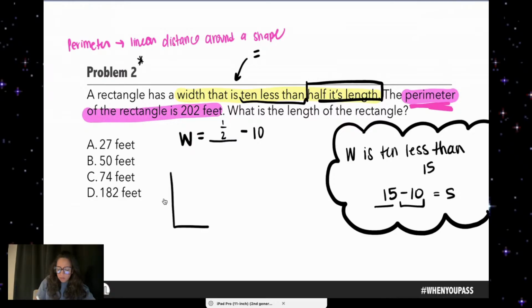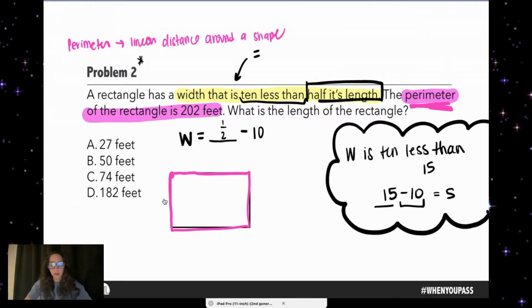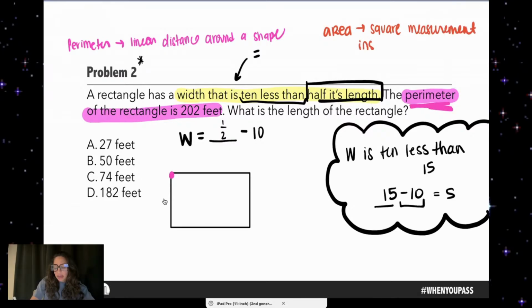So if I draw my rectangle here, the perimeter is going to be, I'm going to start here and I'm going to walk around the shape, and that is the perimeter. Area, which they didn't ask us for, but sometimes people get it confused. Area is the square measurement inside a shape, specifically a 2D shape. So the area would be that part, okay? Now, this did not ask us for that, but I'm just extending a little further to make it make sense.